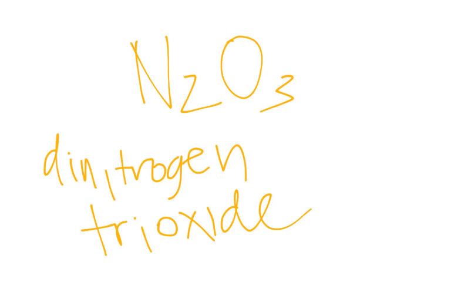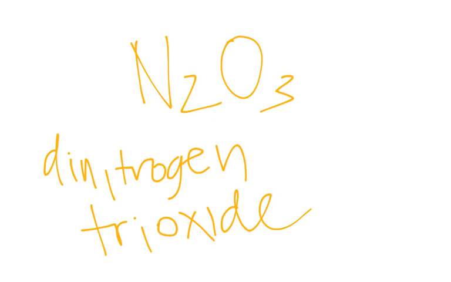Remember, we use this naming system when naming covalent compounds and not ionic compounds or salts. For example, if I gave you CaCl2, you would not use the naming system that I just taught you. You'd use another naming system which will be taught in the next video. How can you tell whether to use this naming system or not?